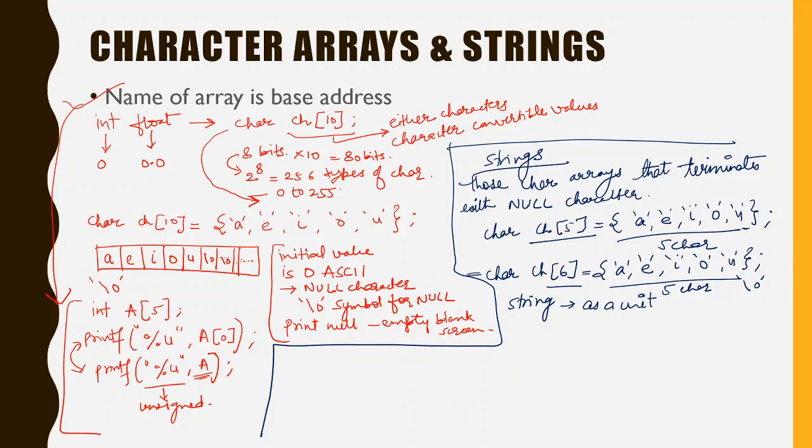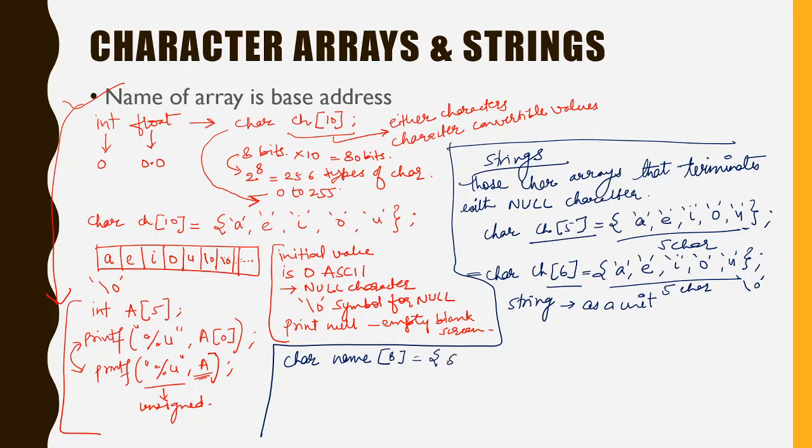Suppose you want to store your name in an array, so you will write a character array. Suppose your name is of 7 characters. Then you have to take 8 places. Why 8? Because you have to store 7 characters for your name and one for the null character.